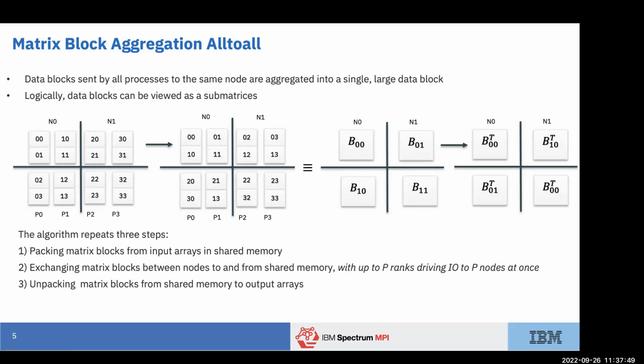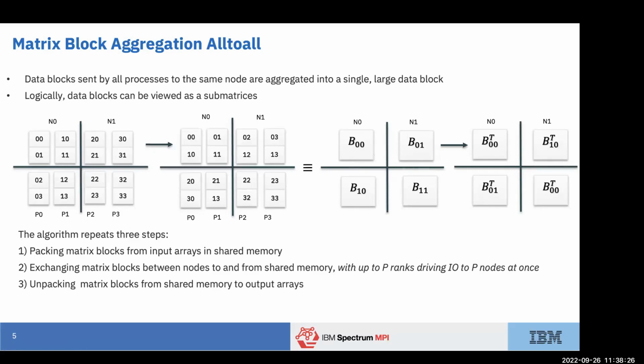We can represent the operation as a transposition for data on the same node, and an exchange between nodes for data that's not on the main diagonal. In this case, once we have this data aggregated in the matrix, we have a direct communication between the nodes.